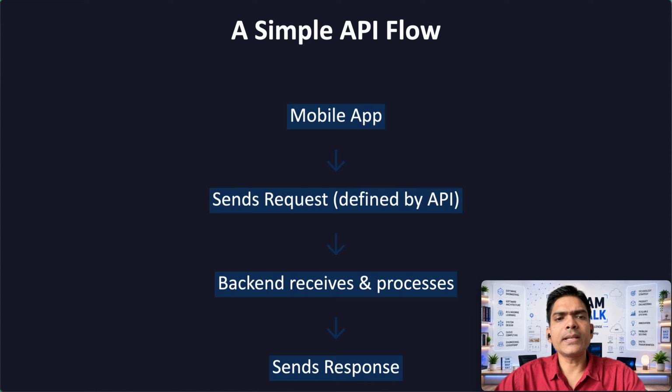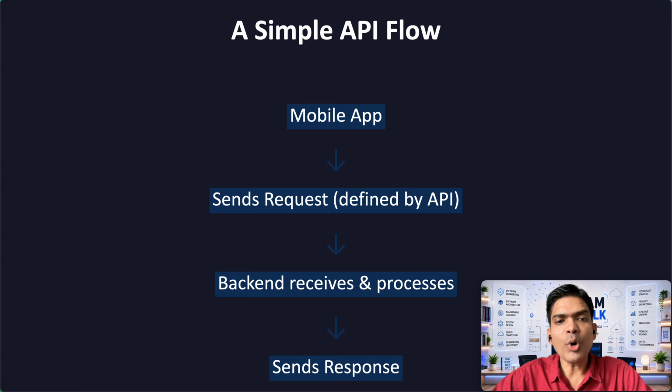Let's look at a simple flow. Our mobile application sends a request. The API defines how that request should look. The backend receives the request, processes it, and then sends a response. The application consumes that response.